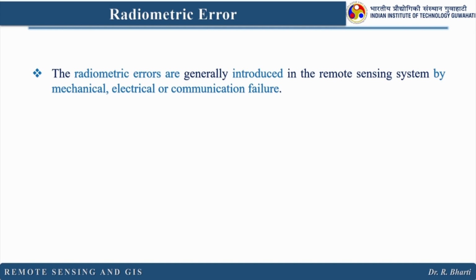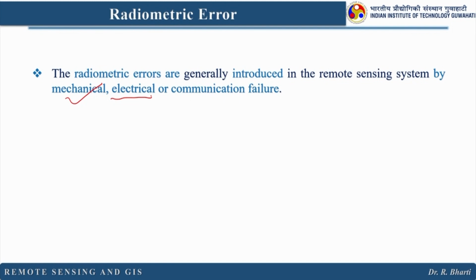How does the mechanical part come into the picture? Because we are talking about the sensor, and sensors are basically an optical system. In an optical system, there are many parts which are actually moving. If they are not moving at the defined rate, what will happen? Your image will be distorted.